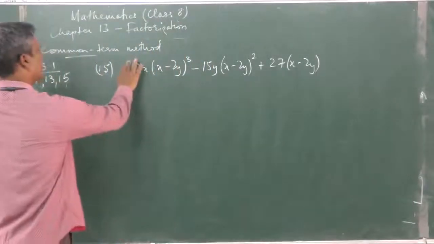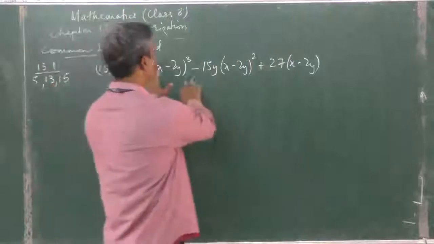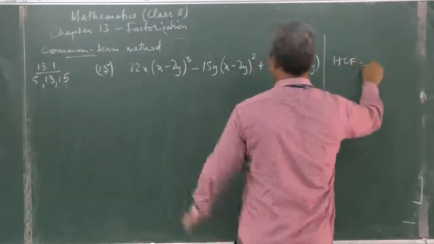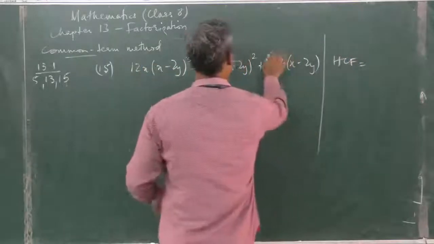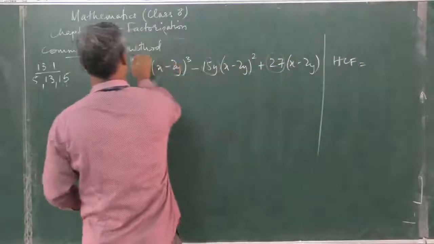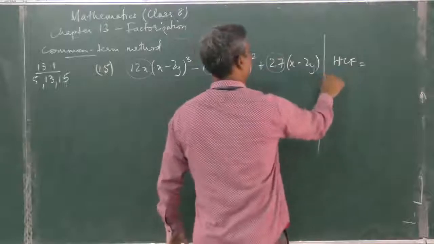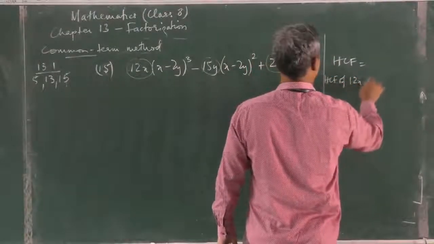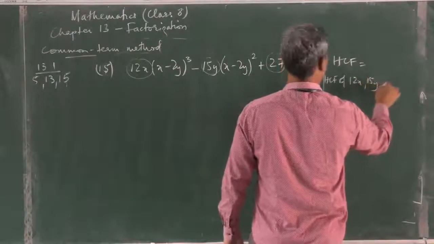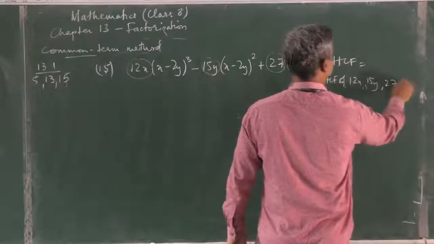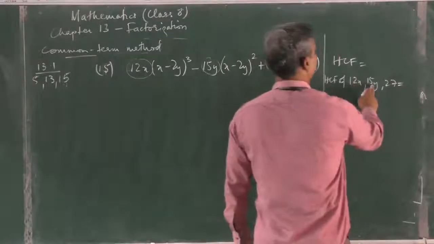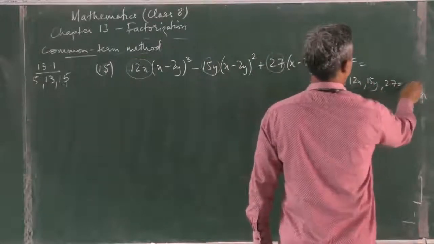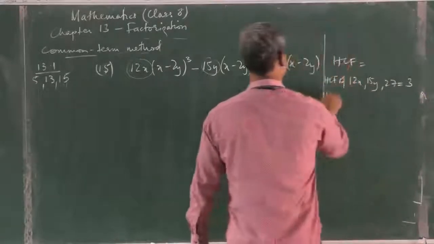Now if you look at this question, again it has brackets over there. So let us do some rough work to find the HCF. First I will take what is outside the bracket and find their HCF. HCF of 12x, 15y and 27. So 12, 15 and 27. 3 4s are, 3 5s are, 3 9s are. 3 is the common factor.